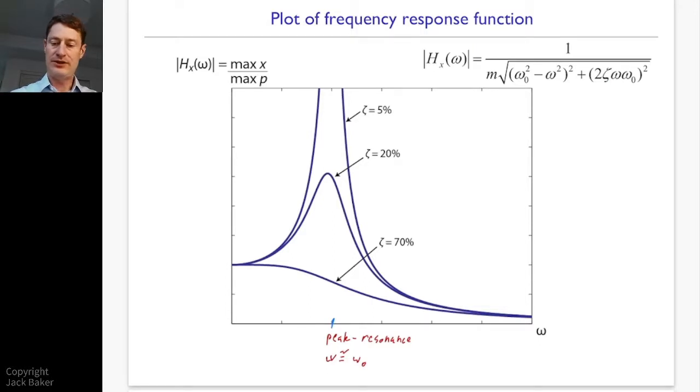Right? So maybe we can make a general note here that we can say h sub x of omega gets smaller as zeta gets bigger.